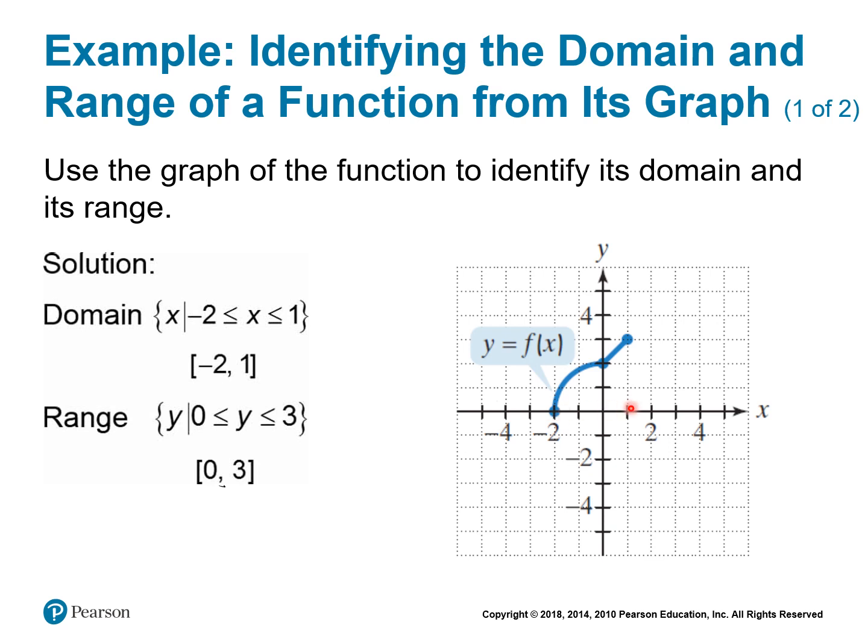At the upper end, the graph is hinged at x equals 1. This is 1, right? So the graph does not extend beyond x equals 1. The graph extends through all values that fall between -2 and +1.